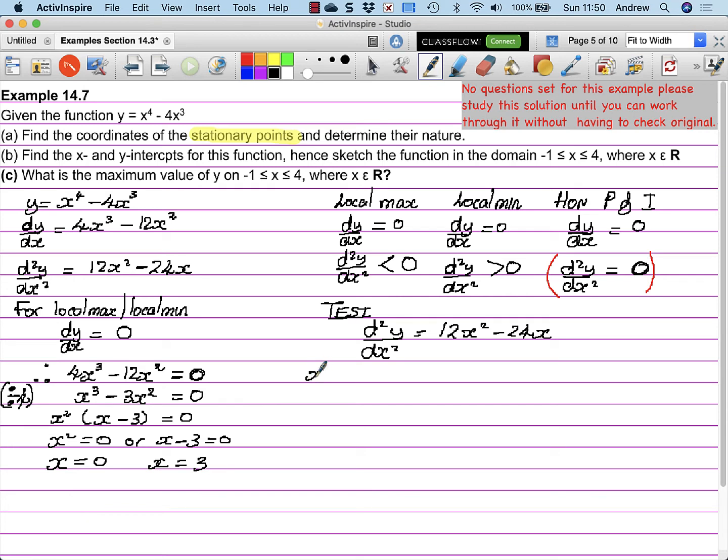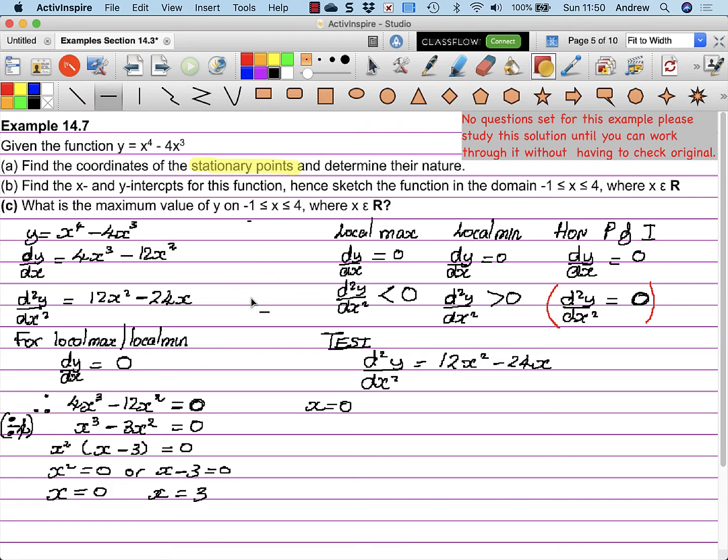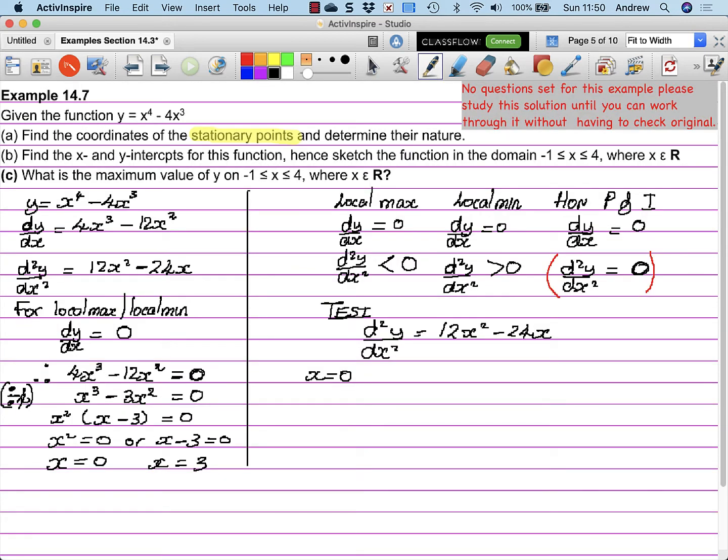So we're going to test for x equals 0. Bear with me when I just divide off the page slightly. So when we test using x equals 0, d2y by dx squared is equal to 12 on 0 to be squared minus 24 on 0.